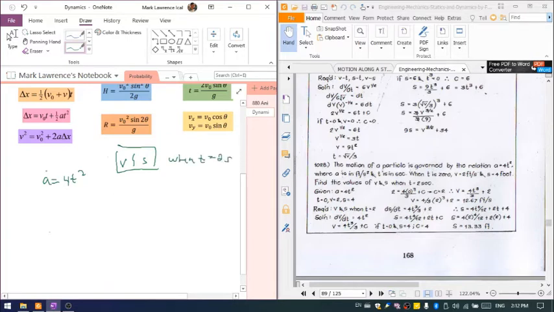Again, acceleration is dv over dt, and that's 4t squared. So dv is equal to 4t squared dt. Integrate both sides. So we have v is equal to 4/3 t cubed plus c.